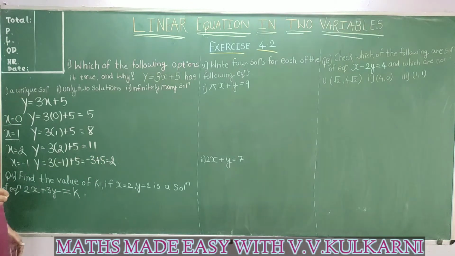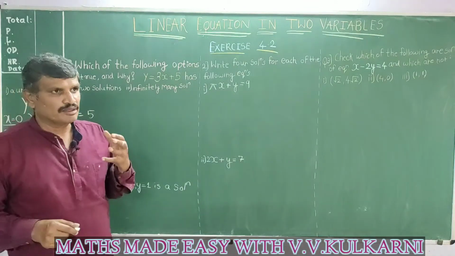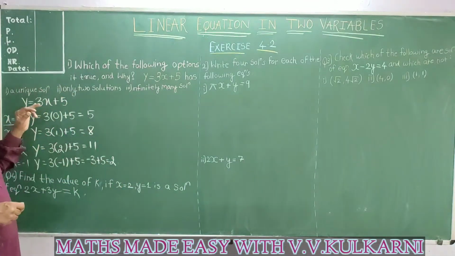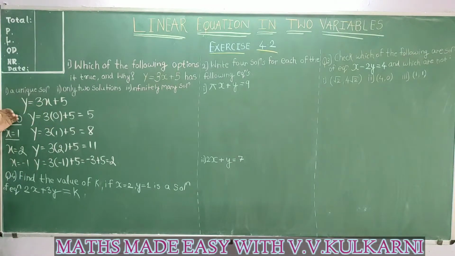Now you may ask, sir, how many values are you going to take? I am coming to the point. See, the value of y depends upon the value of x. If I keep on putting values of x, I will get corresponding values of y. So how many values of x can I put? Infinite.